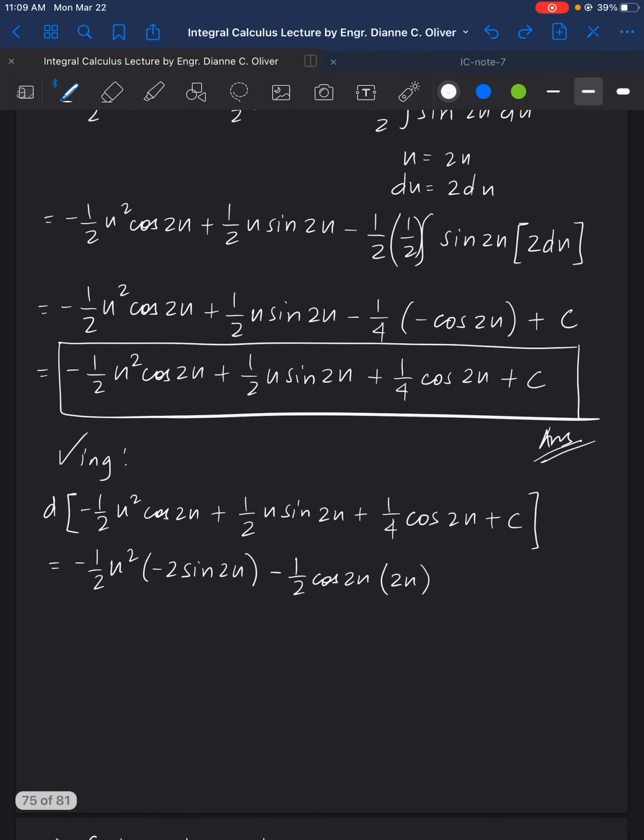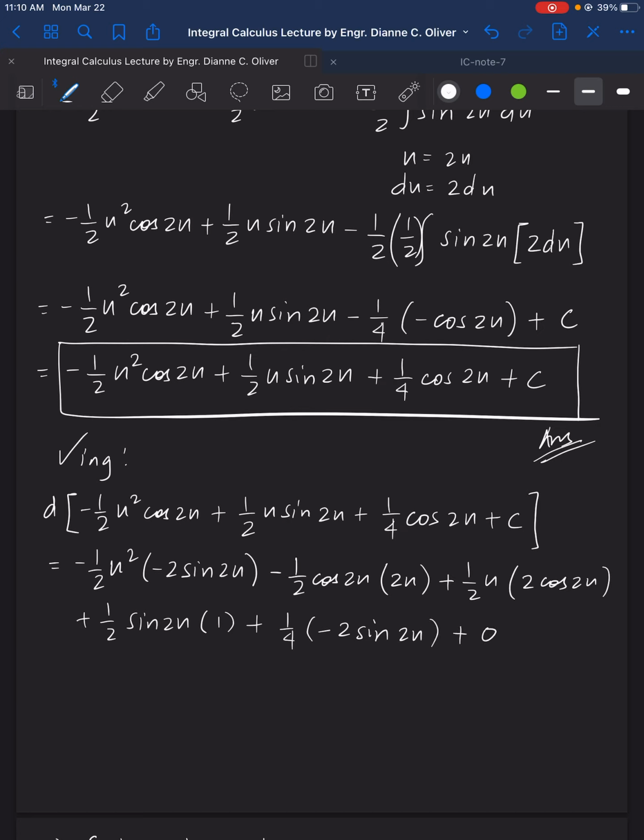So derivative of 1/2 u sine 2u is plus 1/2 u. Derivative of sine 2u is 2 cosine 2u. Then plus 1/2 sine 2u. Derivative of u is 1. Plus the last one, 1/4. Derivative of cosine 2u is negative 2 sine 2u. Plus derivative of c is 0.